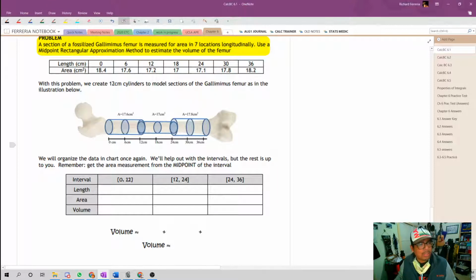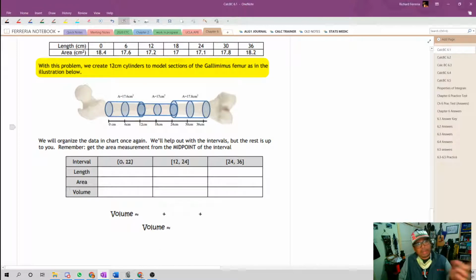So what we're going to do is create 12 centimeter cylinder sections of the gallimimus femur, kind of like what we're seeing in the illustration. Cylinder 1 over here on the left, cylinder 2 in the middle, and cylinder 3 on the right side. And to be honest, you don't even really need to think about those because we're just going to use a midpoint rectangular method.